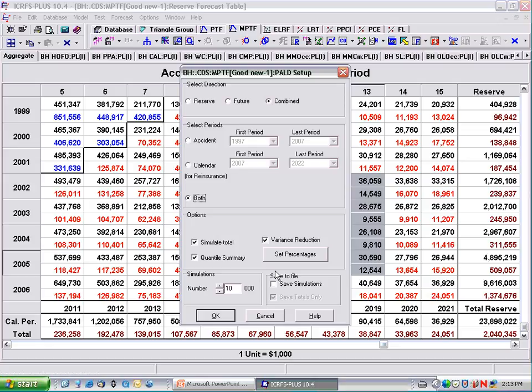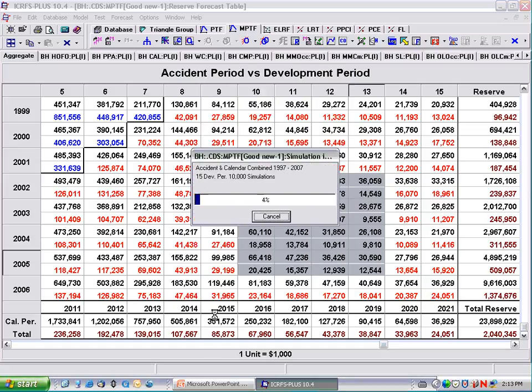As mentioned earlier in other videos, there's no analytical distribution for the sum of log normals. So to find the distribution of the sum of log normals that are correlated, we're going to do 10,000 simulations from each triangle. There's about 15 triangles and each one is forecast to development year 15, so we're probably doing somewhere around 10 million simulations from correlated log normals.